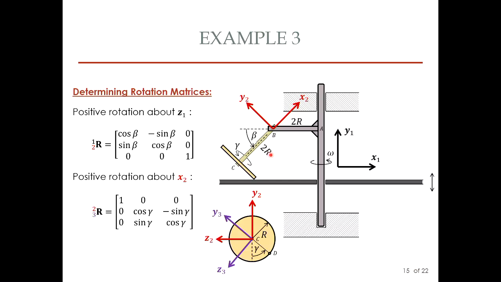So beta happens first in the sense that as you're moving down from A to D, you are passing through a link that is rotating with the beta angle first, and then you are coming to a link, this wheel, that is rotating with angle gamma. But there isn't much first, second.